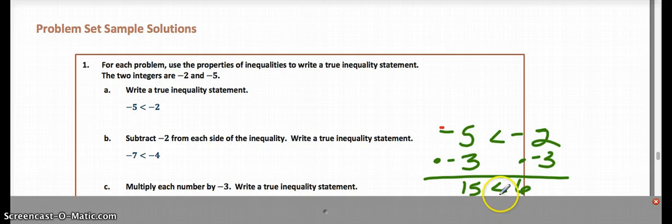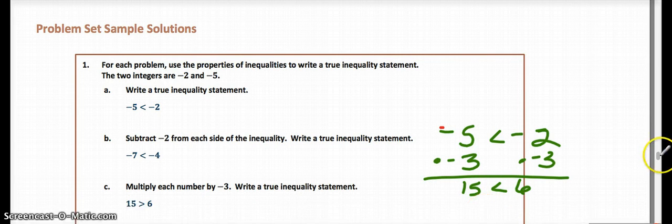Well, that's not true. So this would be one of those situations where your symbol would have to be reversed, because you multiplied by a negative on both sides. So you reverse the symbol. It's no longer preserved.